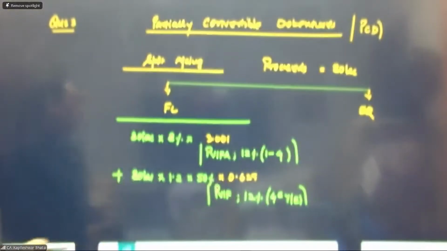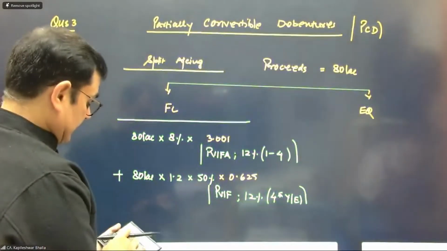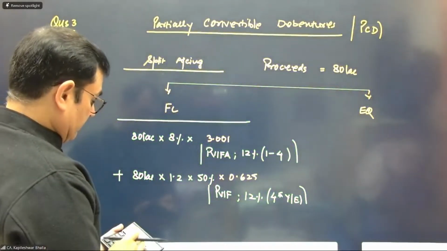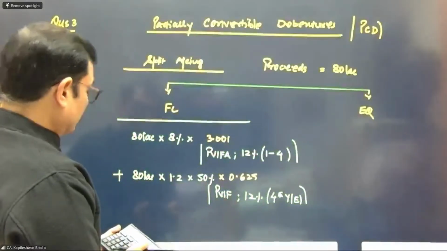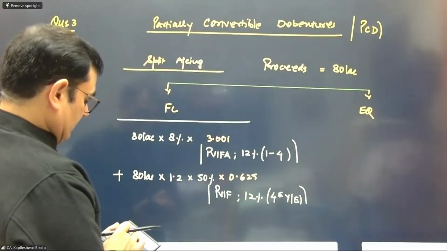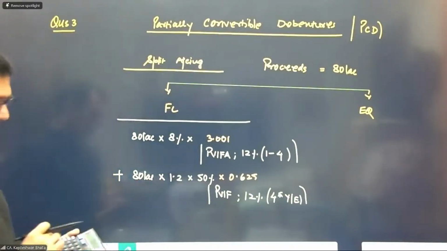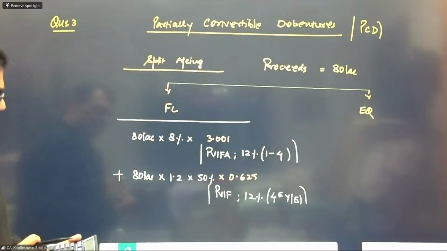So let's add up all this. We get the financial liability element of this instrument. So this is going to be 80 lakhs at the rate of 8%, 3.001, 1926.40. I guess it is coming to a total of, is it 7920?